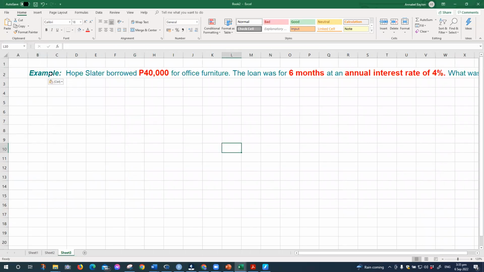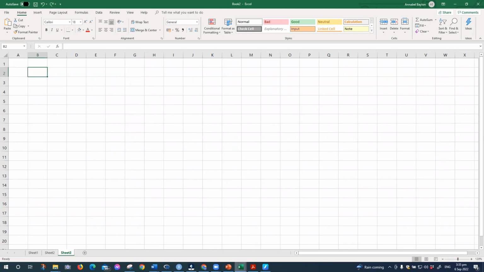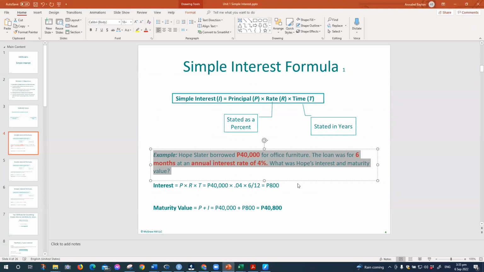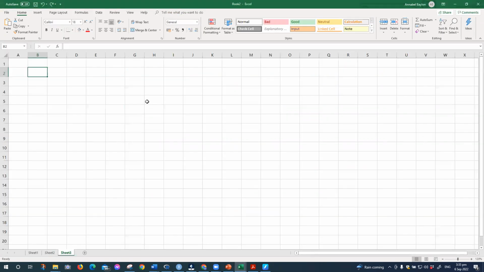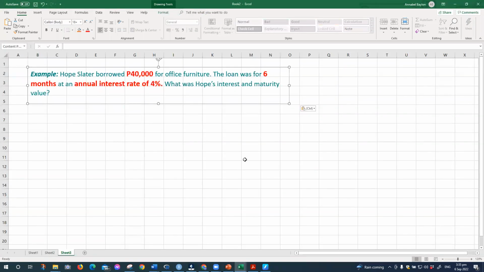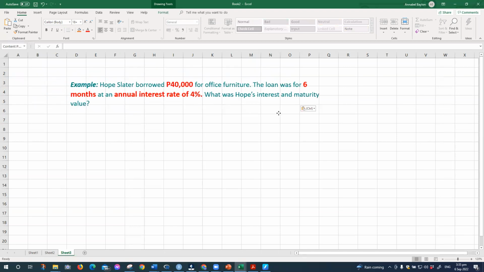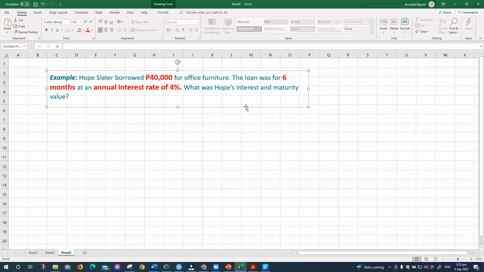Okay, ang i-copy ko na lang yung box mismo. Okay, so here we have a very simple problem just to illustrate how to compute for the interest and the maturity value.